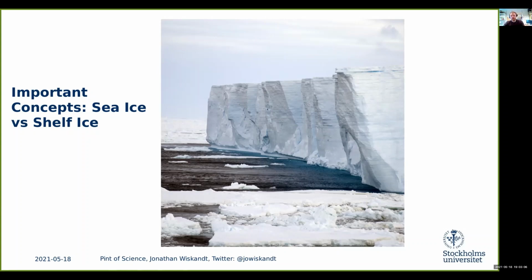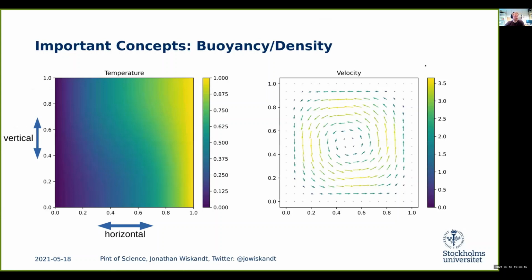And I will be talking about the shelf ice, so about this big stuff, and how in the region underneath this shelf ice. And now I have two physical principles I just want to go through very quickly, because that's basically what my work is based on. And it's the principle of density and buoyancy. So density, some of you probably have heard.